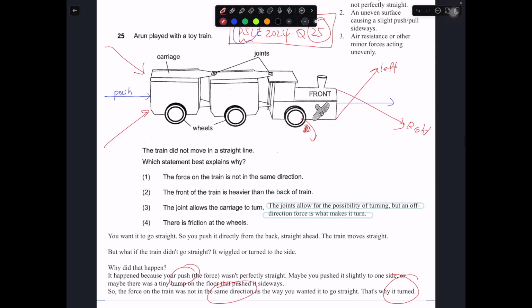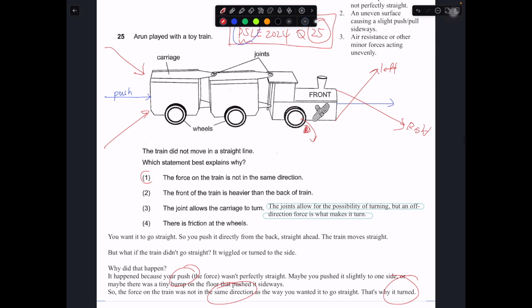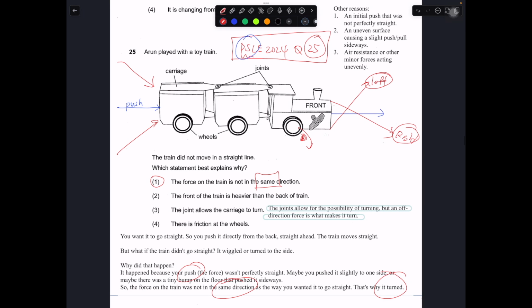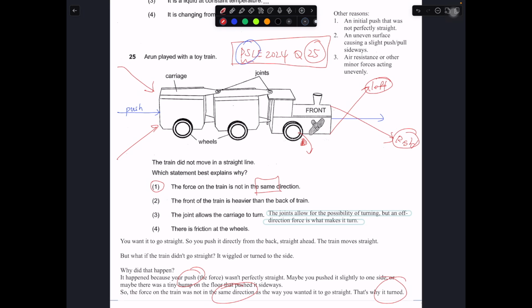So the best explanation is number one: the force on the train is not in the same direction as the straight line should be. That's why the train turned in another direction. There could be other reasons. As I mentioned, there could be an uneven surface or a hump over here, so even though you push it straight, the train might have turned in another direction.